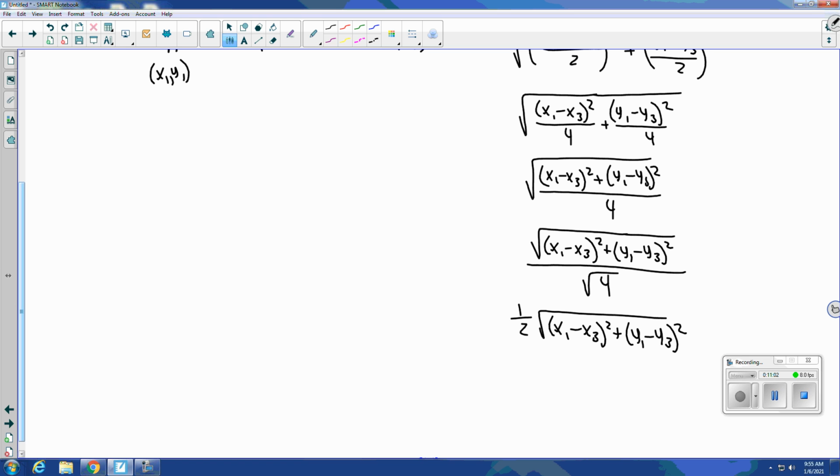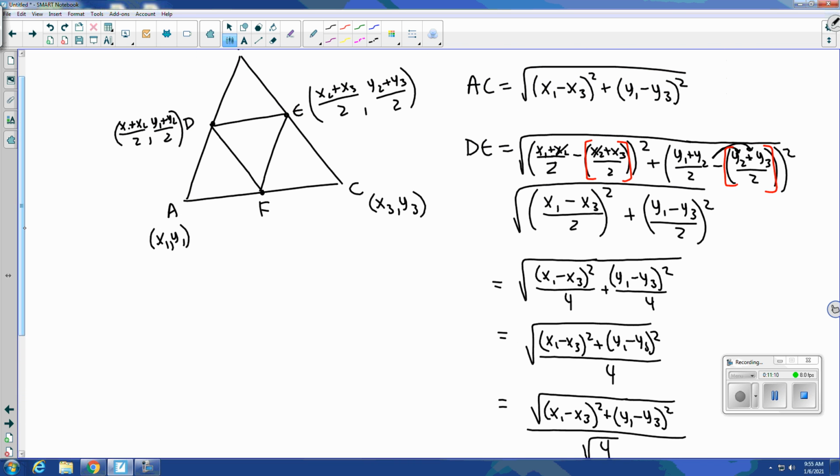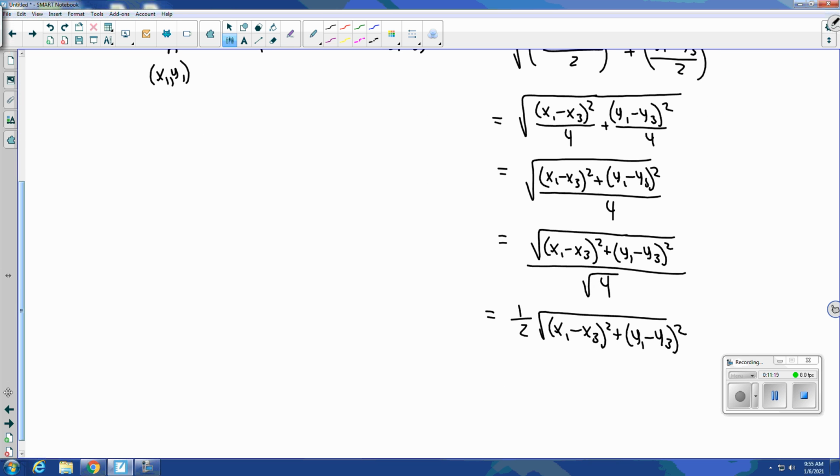Now what's important of what we just derived, going back to the top here, is that AC, that bottom side was this. And that is the exact square root that popped up when we simplified all that work at the bottom. The only thing is that there's a 1/2 in the front.